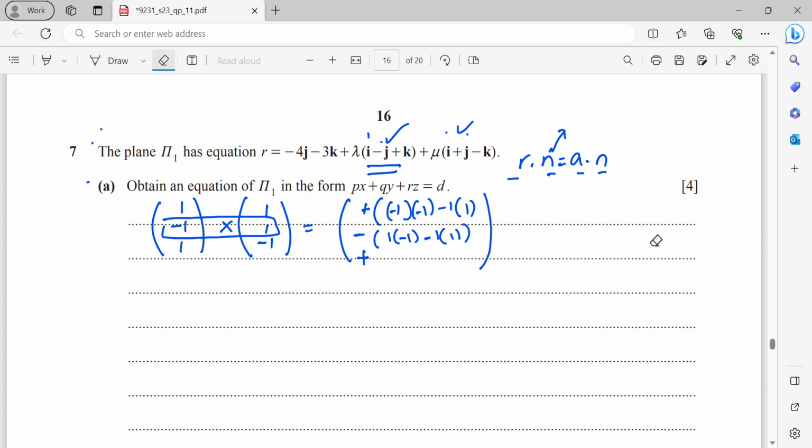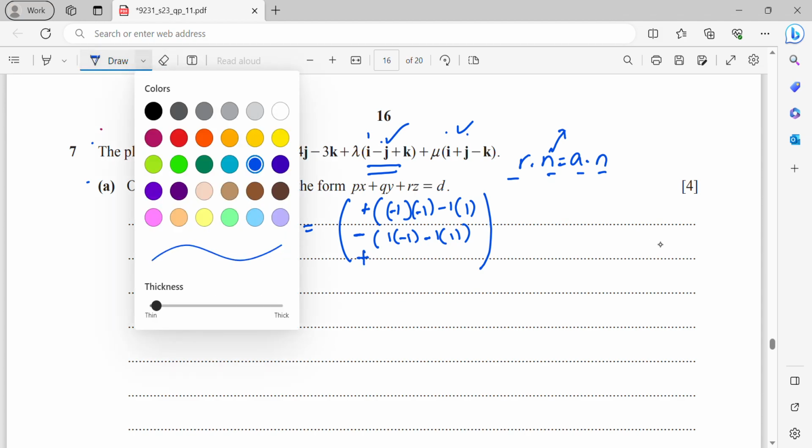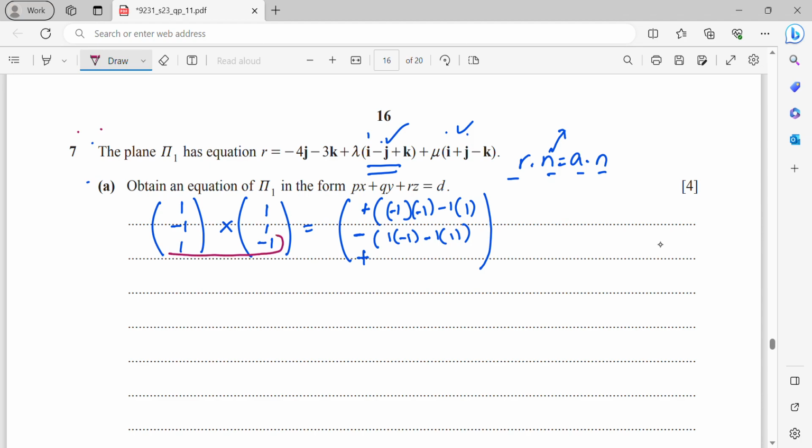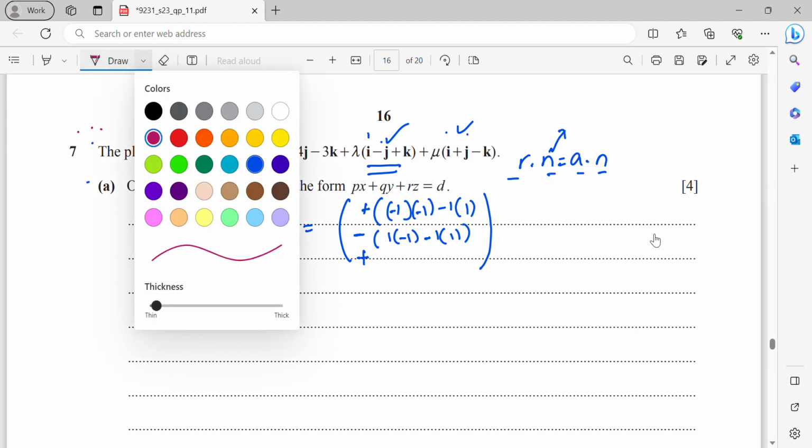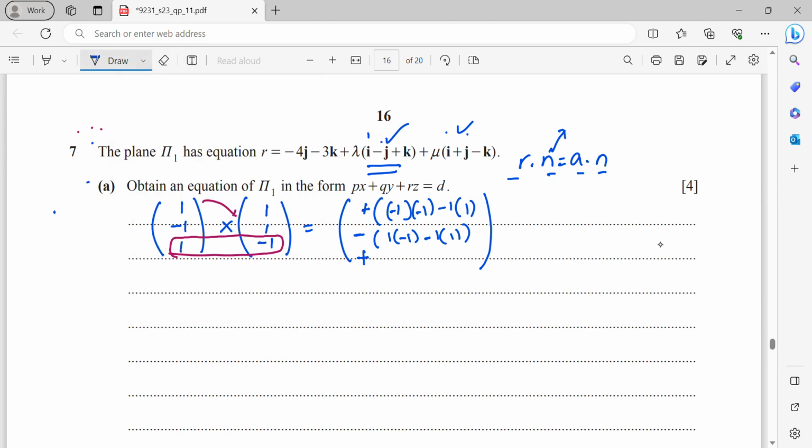Lastly, you cover the last row and cross multiply, so I will get 1 times 1 minus 1 times minus 1.